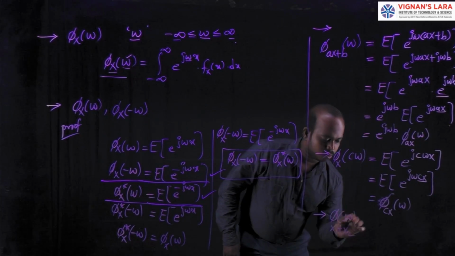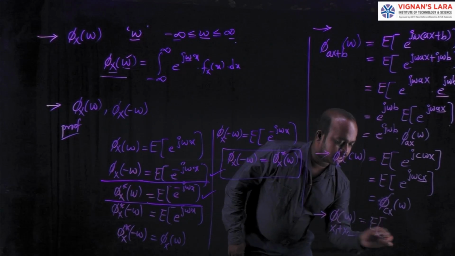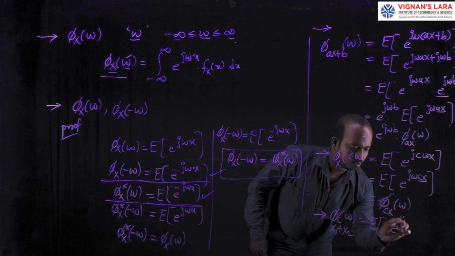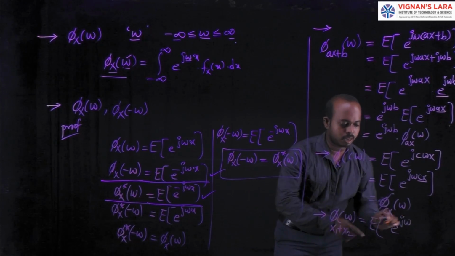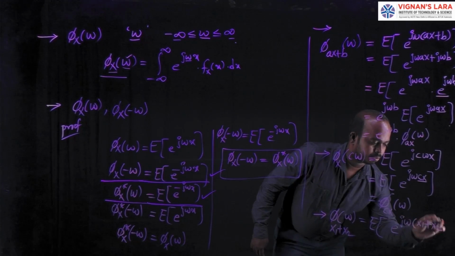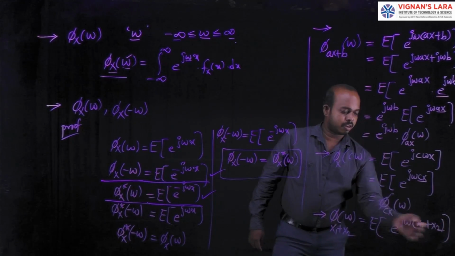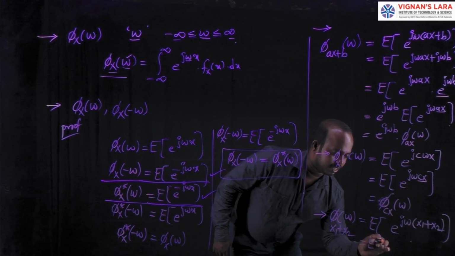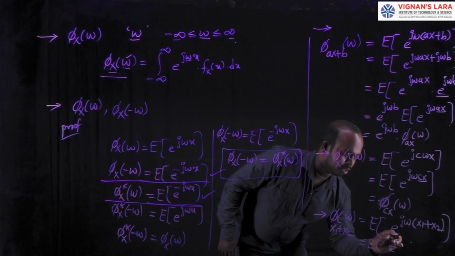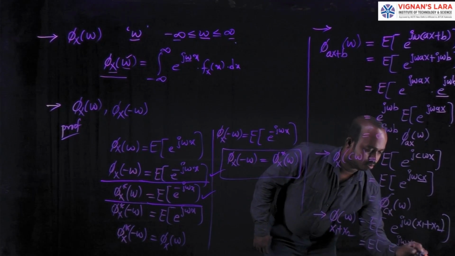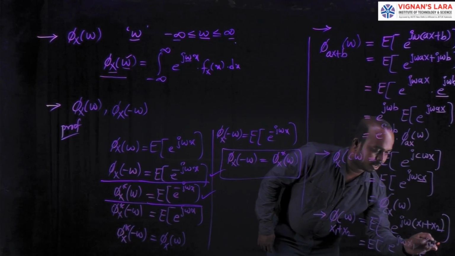For these values, we write expectation of e power j omega, where the x position is replaced with x1 plus x2. Here the power is a summation, so I can split it into a product of exponentials, that is expectation of e power j omega x1 into e power j omega x2.